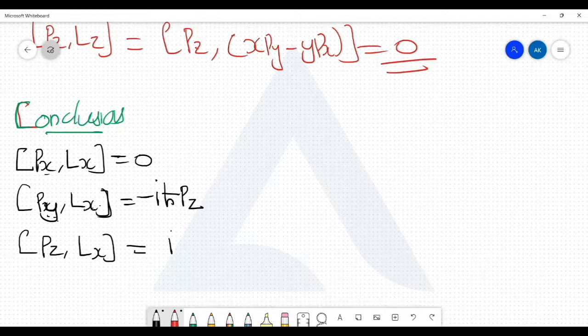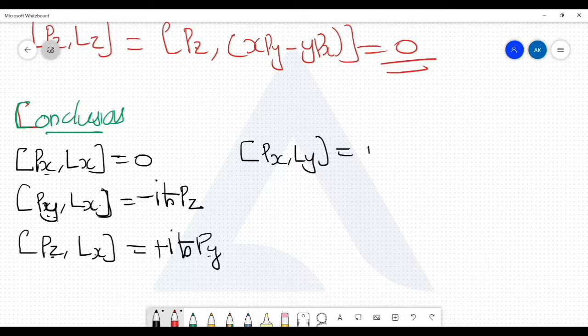So there will be iħ cross py. Therefore, z x y will become the order, let me check, ZXY. Okay, therefore plus. Now px with the Ly, there will be iħ cross, x y, so pz will be there.